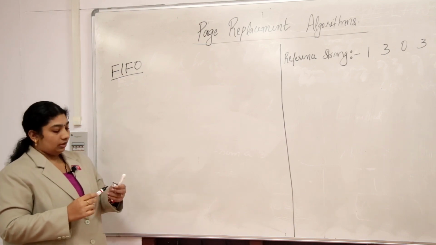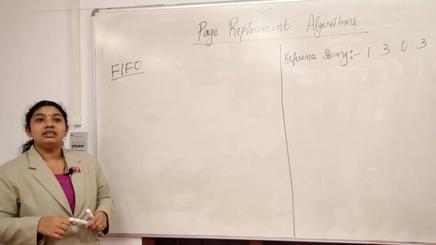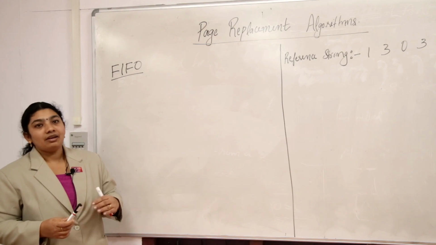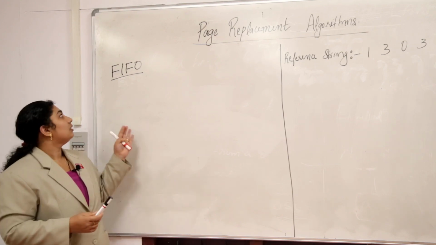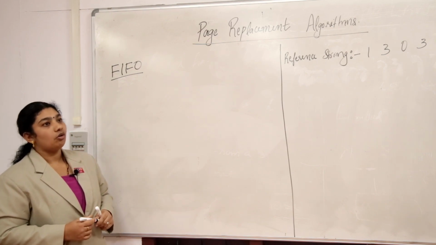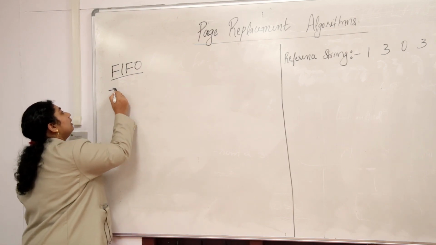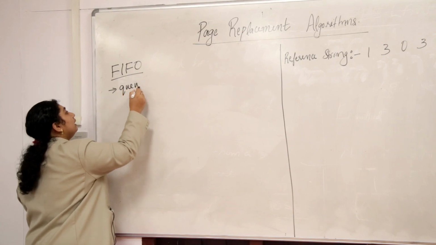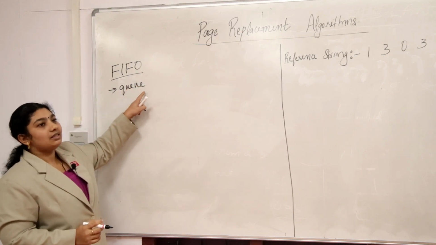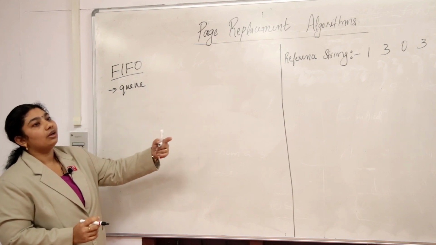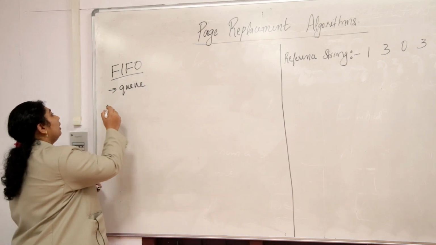First in first out, as the name suggests, means the page which came in first will go out first. It maintains the character of a queue, in which the page which stands first in the queue will go out first.